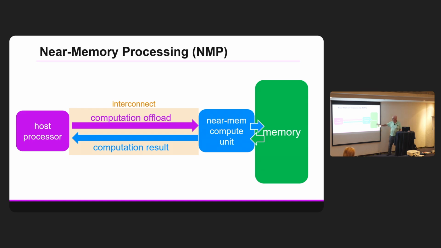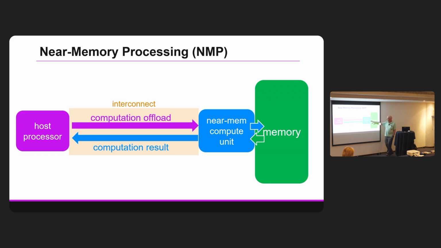And we put it physically next to the memory so that it has better bandwidth and latency with the memory. And the host processor, in some sense, uses this as a device. So it talks to the near memory unit and says, please invert this matrix for me. Please do this other computation for me. Let me know when it's done, and I'll go about doing something else.